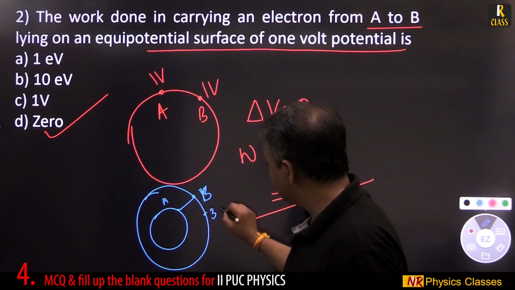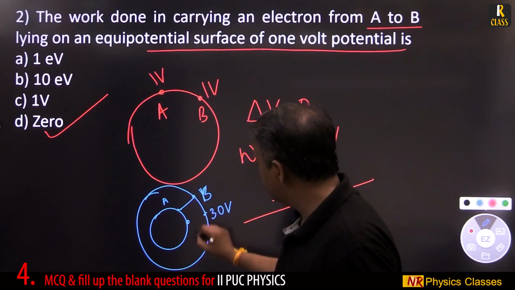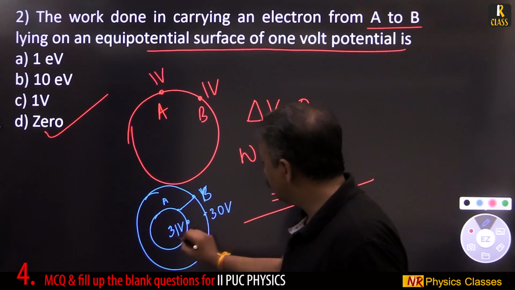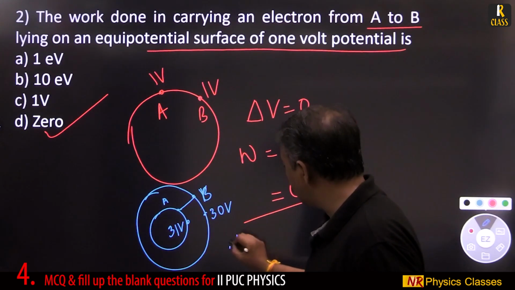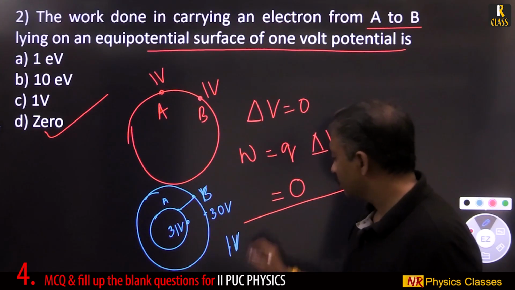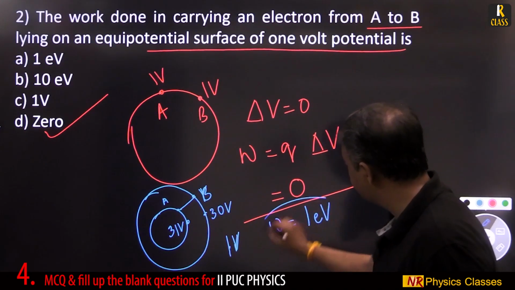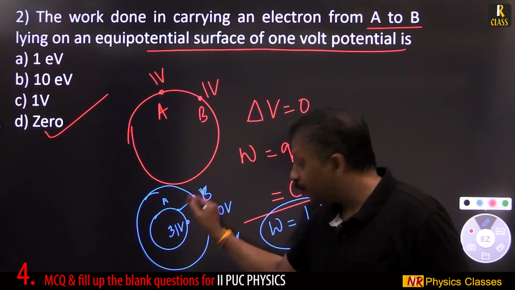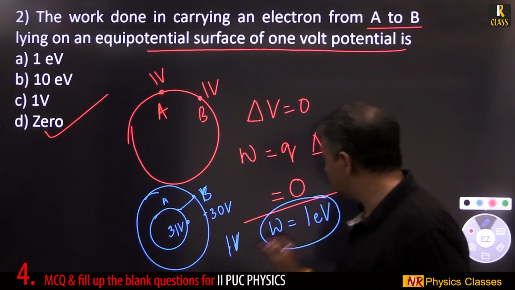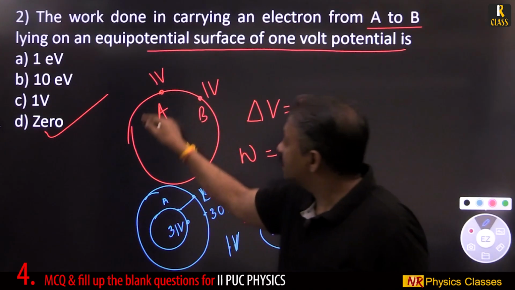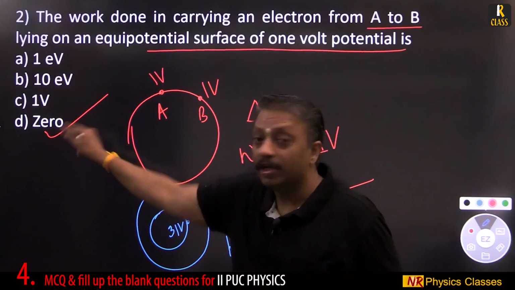Means if this is at 30 volt and this is at 31 volt, what's the potential difference? 1 volt. Then energy or work done is given by 1 eV. If there are two different equipotentials, then it is 1 eV. If it is the same equipotential, then work done is 0.